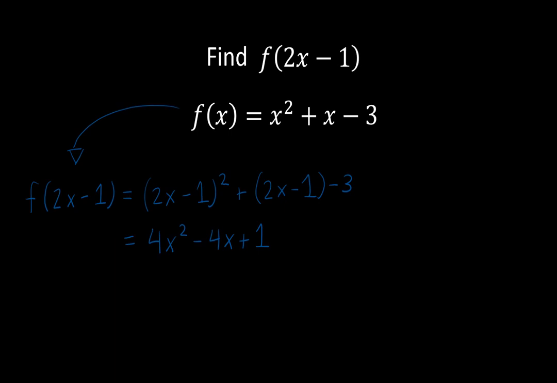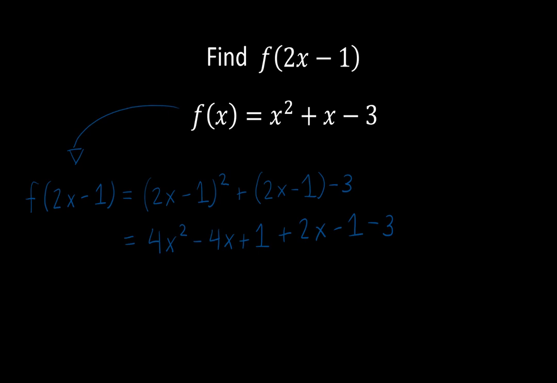When we square 2x minus 1, we get 4x squared minus 4x plus 1. And that's a result of foiling 2x minus 1 times 2x minus 1, because that is 2x minus 1 squared. Now I'm going to bring down my plus 2x minus 1 in the middle. And now I'll bring down the minus 3 at the end. And now we'll combine any like terms that we have.